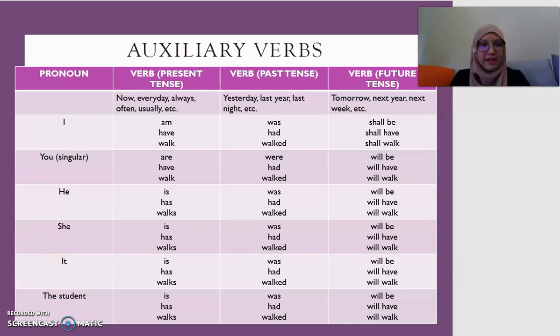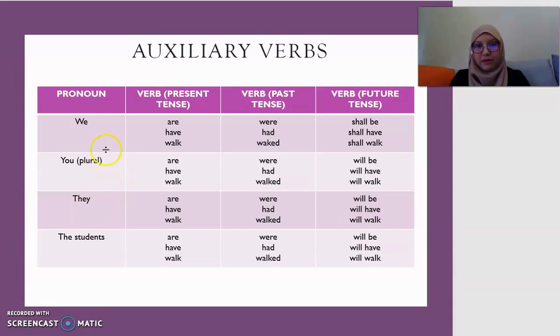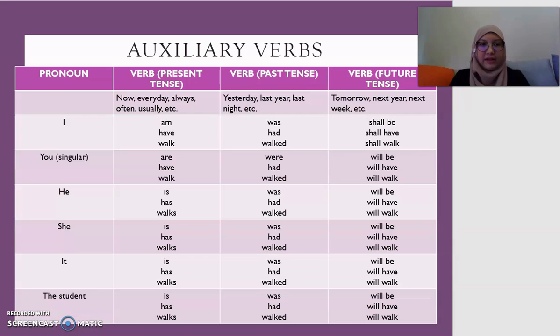And we also have a part 2 here: we, you (plural), they, and the students. If we look at this chart, you can either memorize or you can categorize.